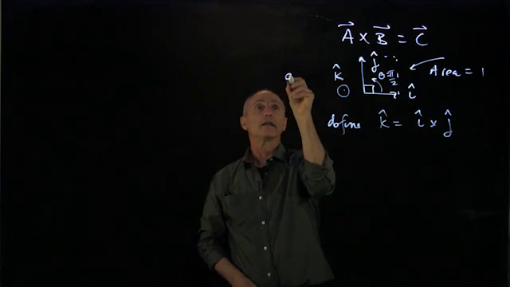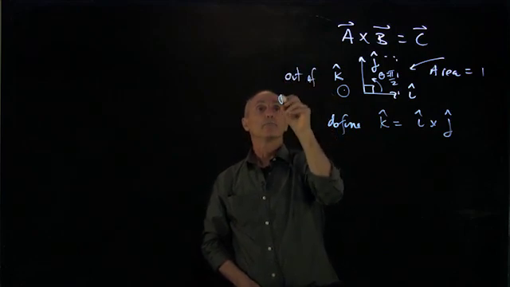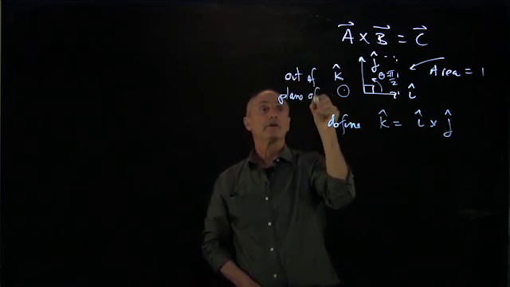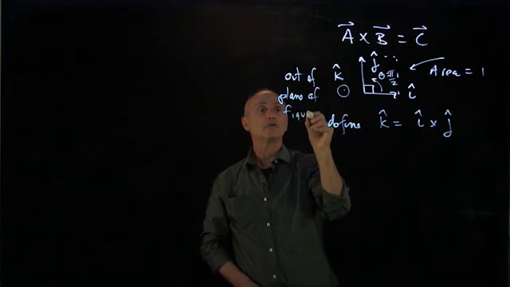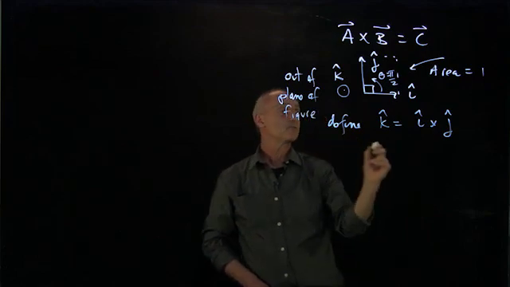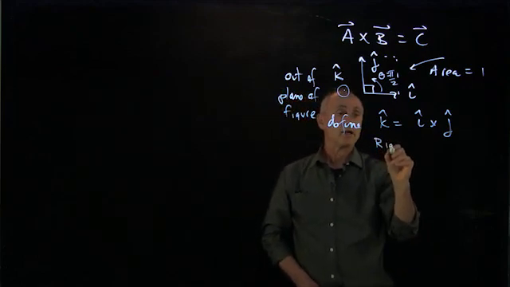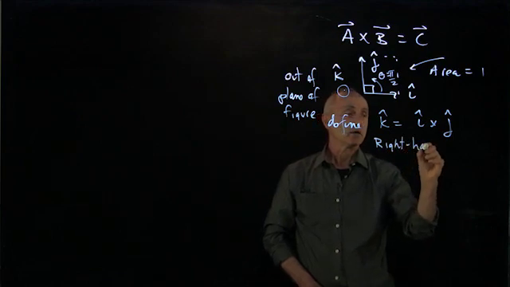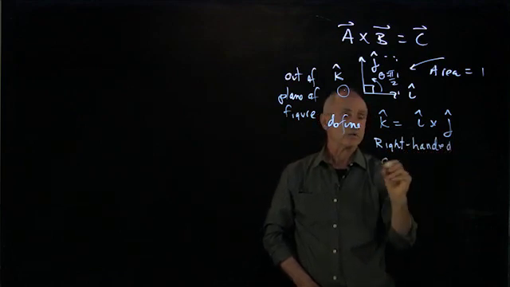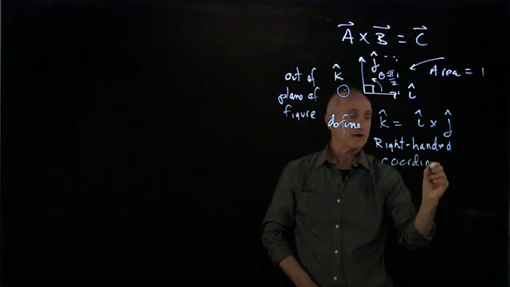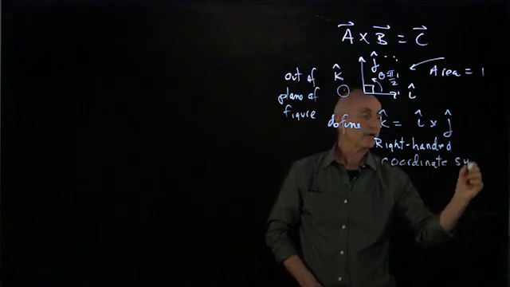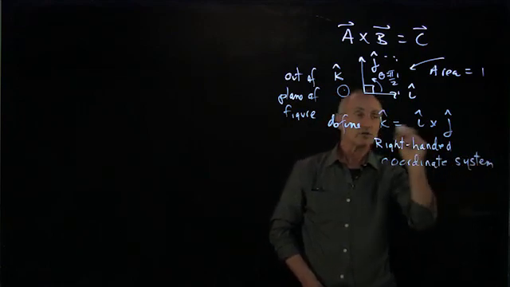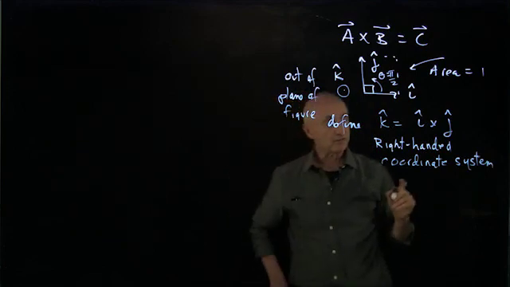Notice k hat is out of the plane of the figure, and because I used my right-hand rule, this is what we call a right-handed coordinate system.